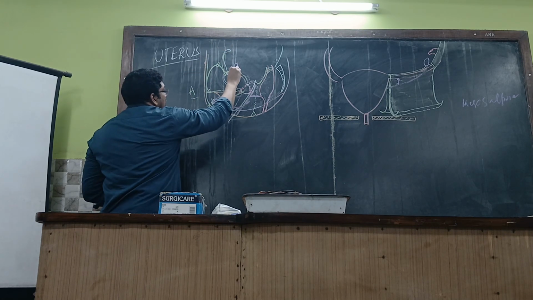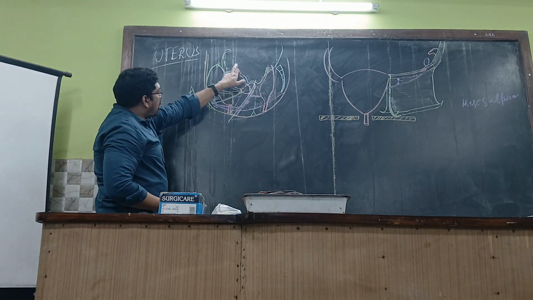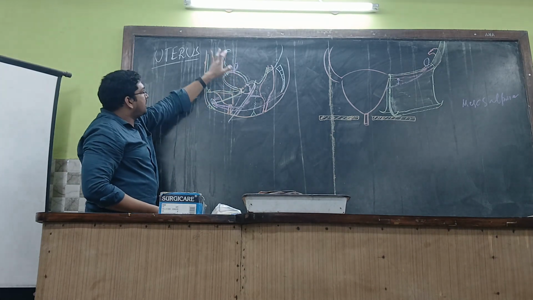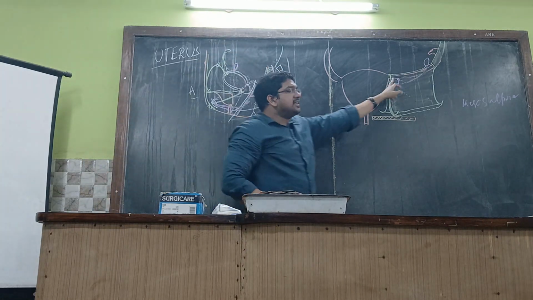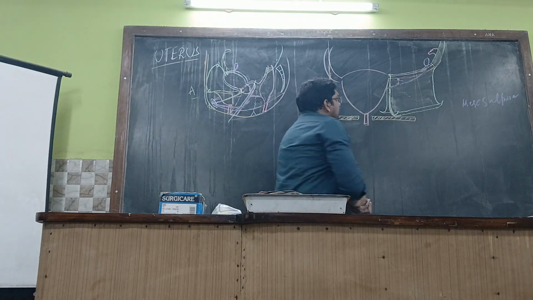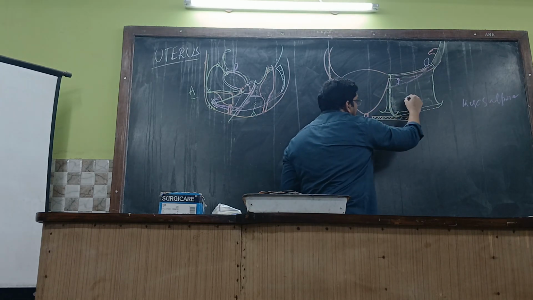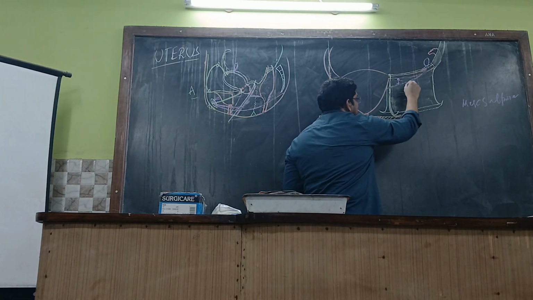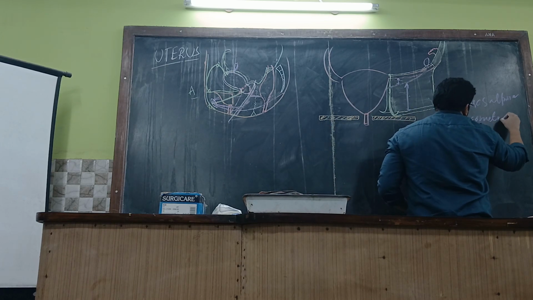This is the ligament of ovary, and this is the upper part of the broad ligament over here. In between the ovary and the ligament of ovary and this fallopian tube, this area of broad ligament is termed as mesosalpinx. And below this ovary and ligament of ovary, this area of broad ligament is termed as mesometrium.